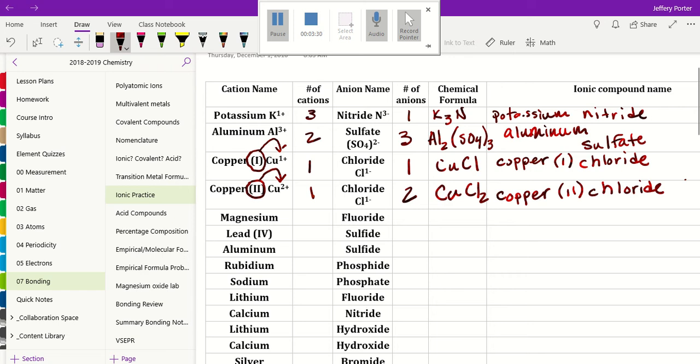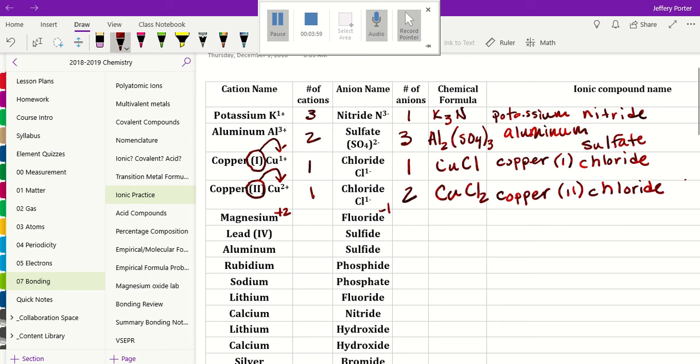All right, take a look at the next one. Magnesium fluoride. What did I not give you here? The oxidation states. So, here's a different type of question. You guys actually have to reference it on the periodic table before you go through it. Magnesium. It has what oxidation state? +2. What about fluoride? -1.